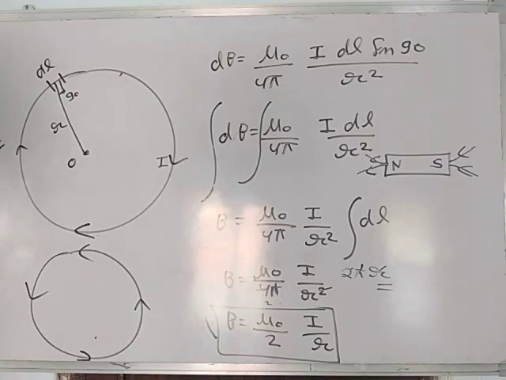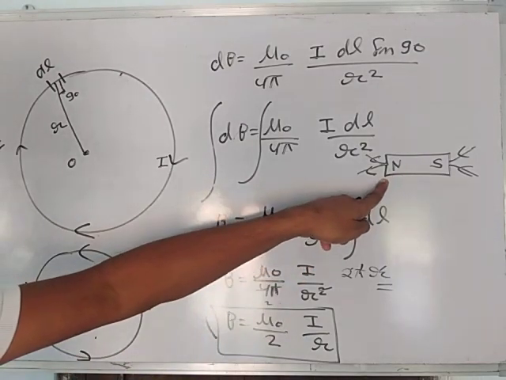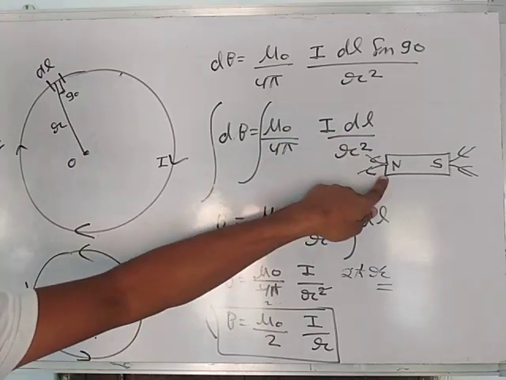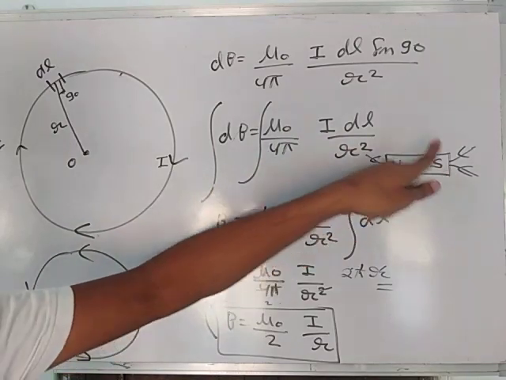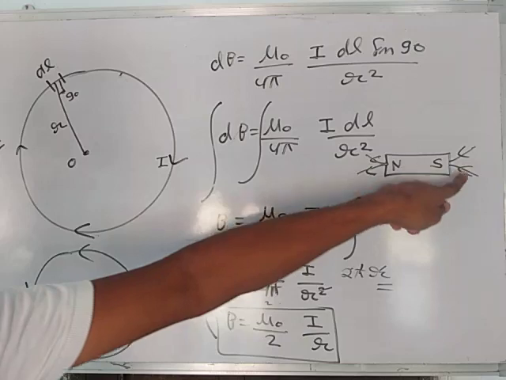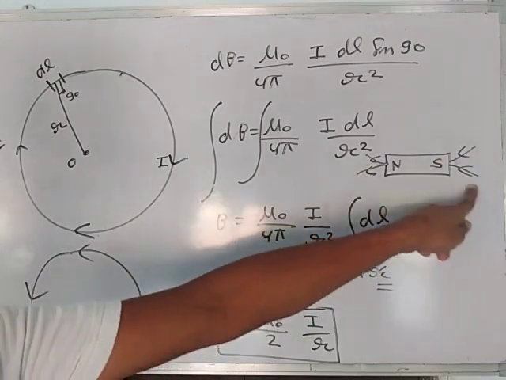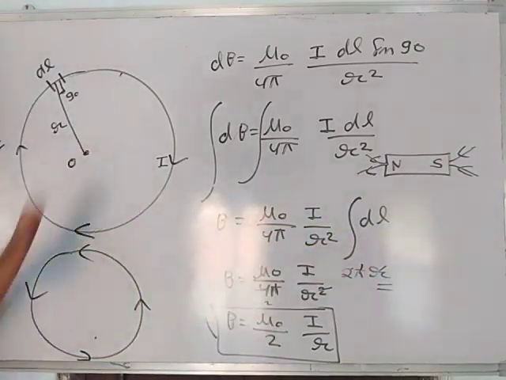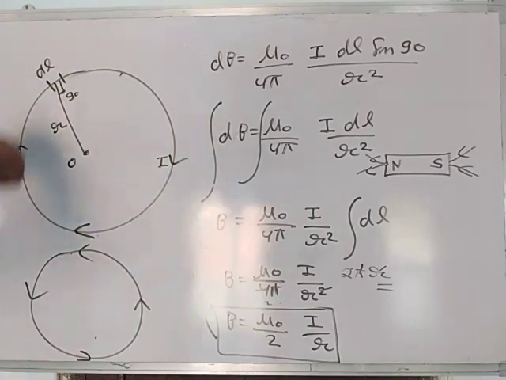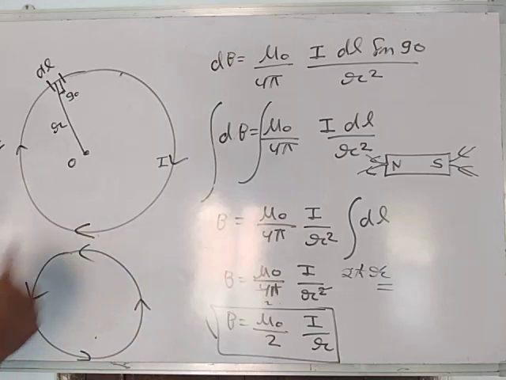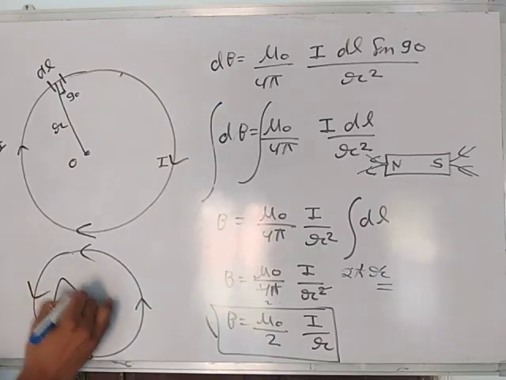And students, the point from where magnetic field emerges is north, and the point where magnetic field enters is the south pole. Here you can see for clockwise direction magnetic field is entering, and for anti-clockwise direction magnetic field is coming out. Means this is the north pole.